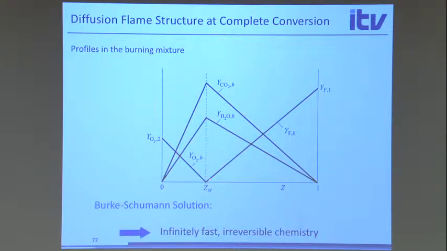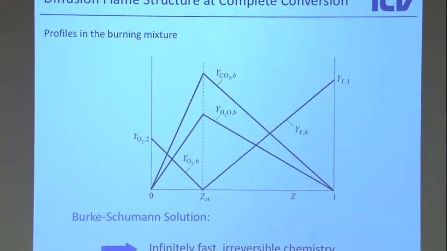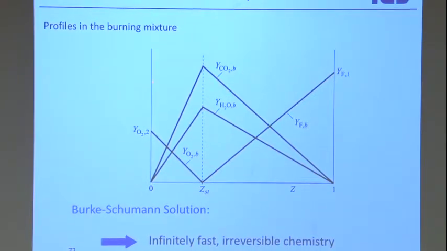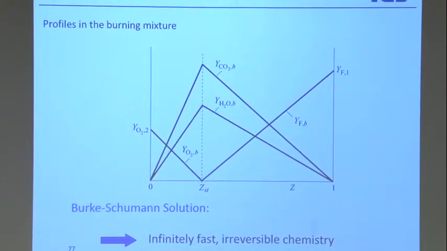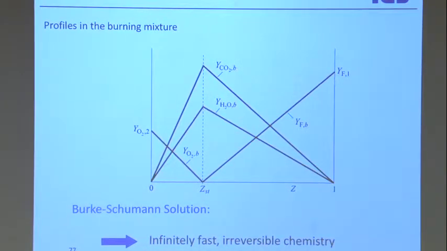Then at stoichiometric conditions, CO2 has a maximum, water has a maximum, and fuel and air are completely gone. So the fuel goes like this, and then here it's 0. The oxygen goes like this, and here it's 0. And nitrogen is not shown here. It would just go from here, 77%, linearly all the way to 0.